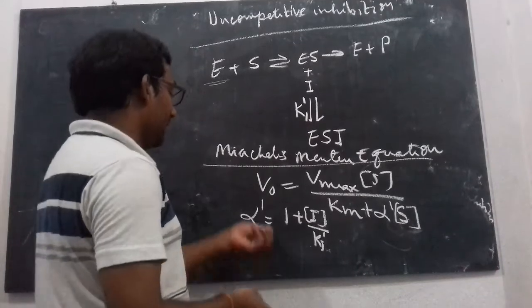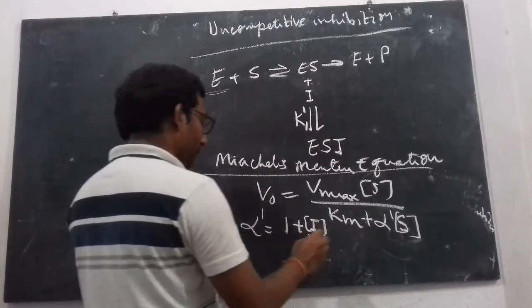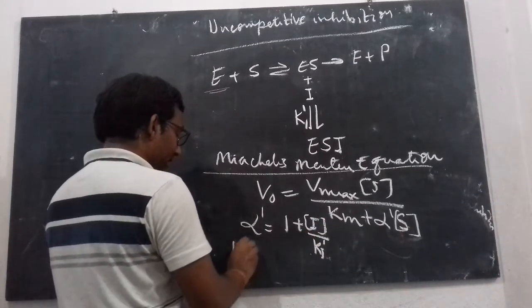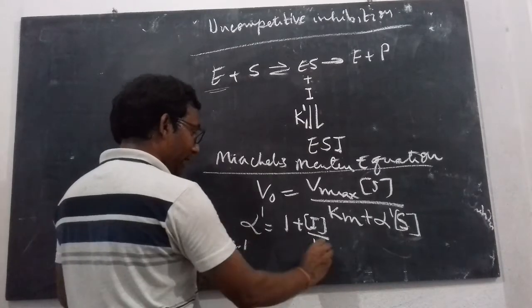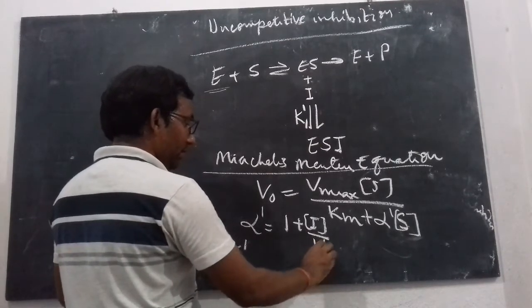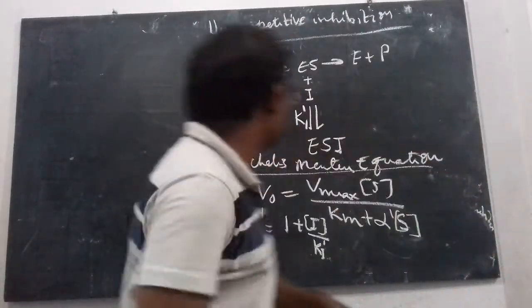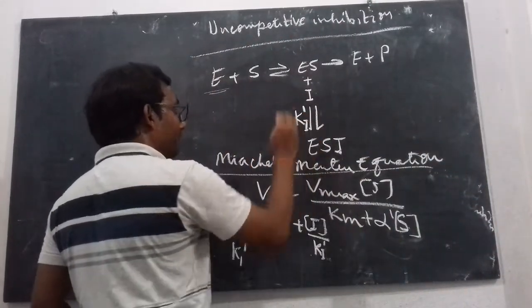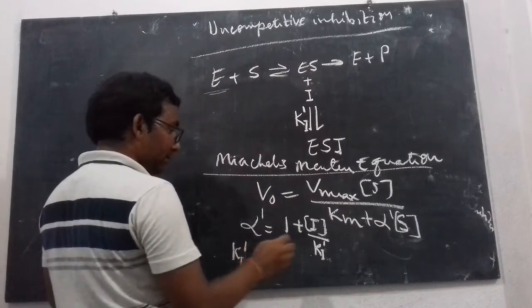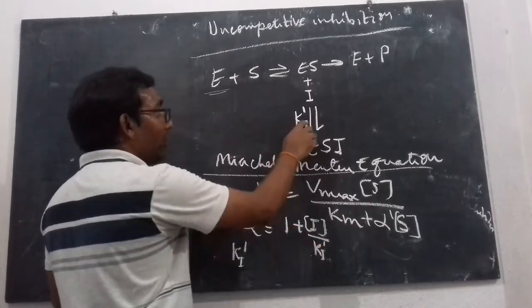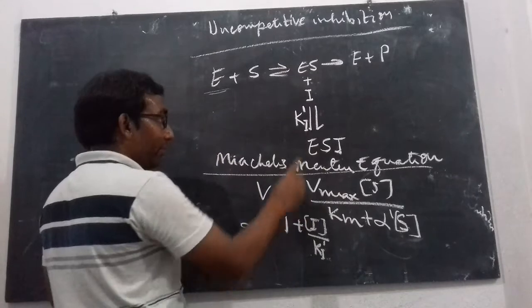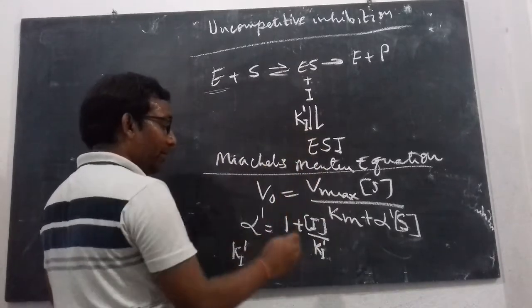And what is Ki dash? If you are asked what Ki dash is, it is Ki, not K1, sorry, Ki for the equilibrium constant in presence of the uncompetitive inhibitor.